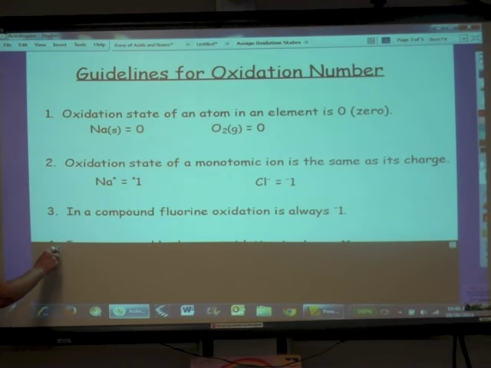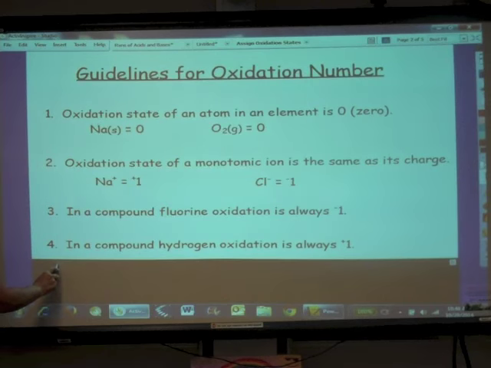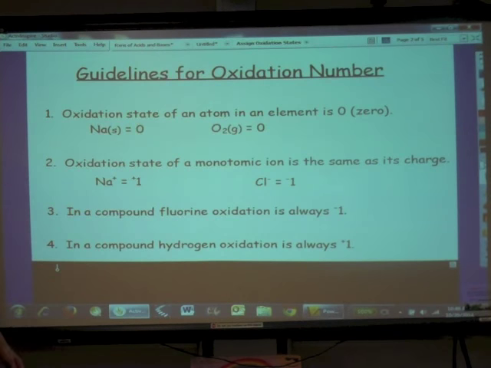Okay, we can talk about why later in the year, but we're not asking why right now. We're learning the rules and learning how to do this. Hydrogen is also one of these things that is not flexible. Hydrogen, in a compound, always has an oxidation state of +1.